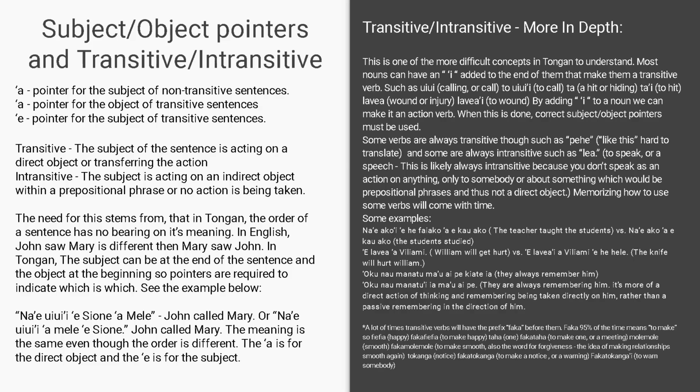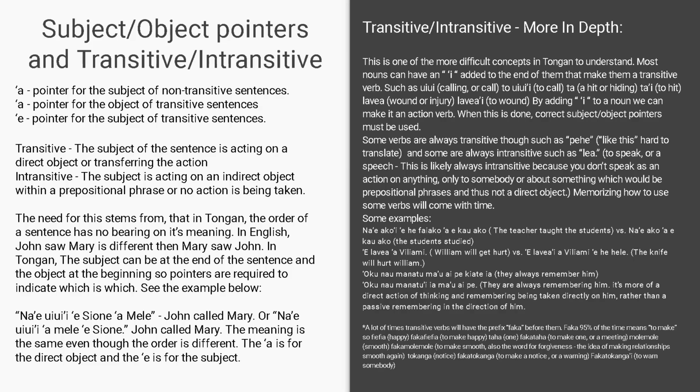So we see that John, sione, is before mele. And then naiwiwi a mele e sione. This is literally the exact same thing. John called Mary. So even though mele comes before John now in the sentence, because the pointers are pointing that e sione is the one doing the calling and a mele is the one being called, it doesn't matter what order they come in the sentence. That's how the sentence works.